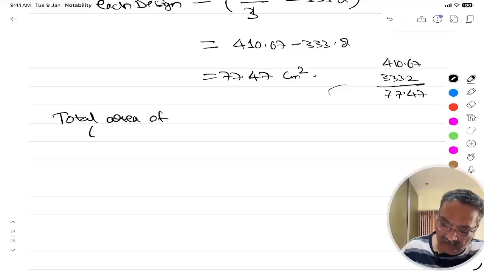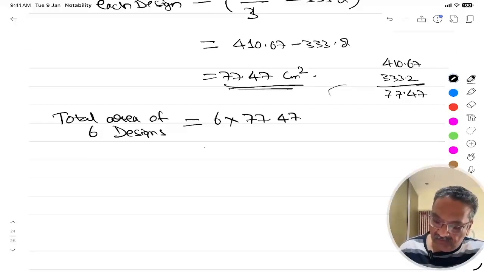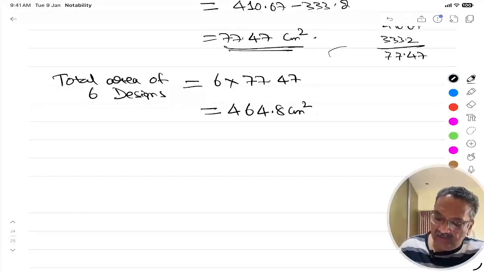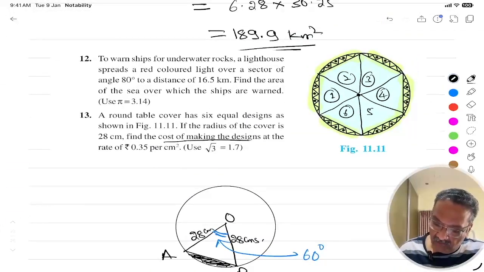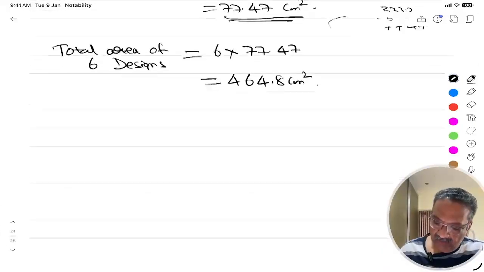So the total area of the 6 designs, there are 6 designs, will be 6 into 77.47, which is equal to 464.8 centimeter square. But further, what have they said? They have said the total cost at the rate of 0.35 rupees.